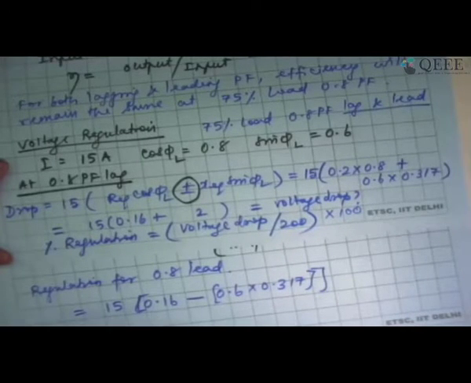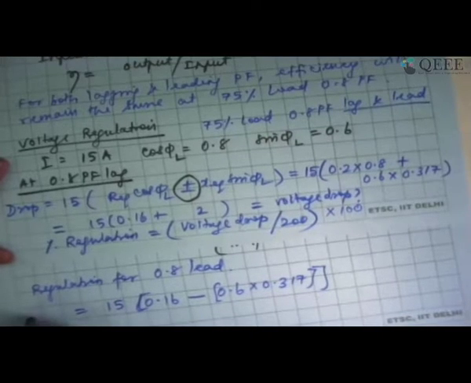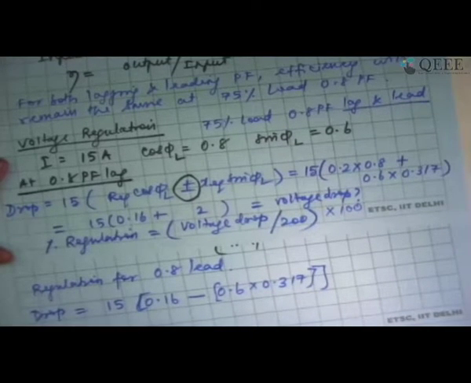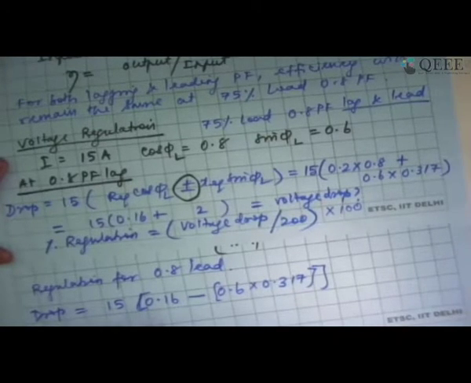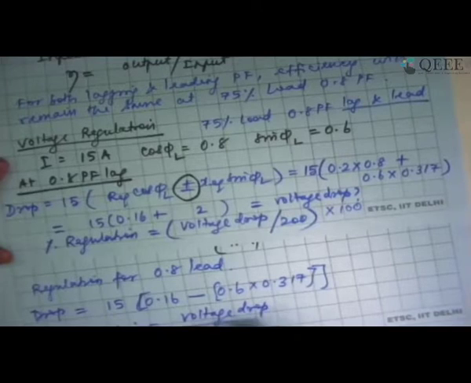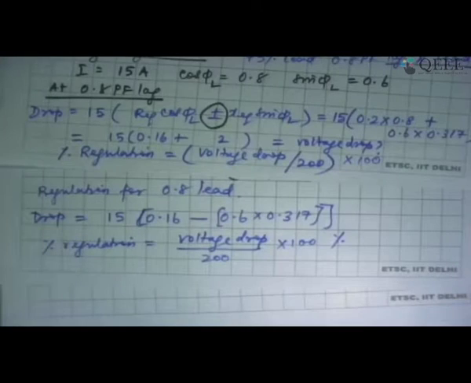So you can calculate the value of the voltage drop. Once you calculate this, the percentage regulation will be voltage drop divided by 200 multiplied by 100. So we have calculated the regulation for both the cases.